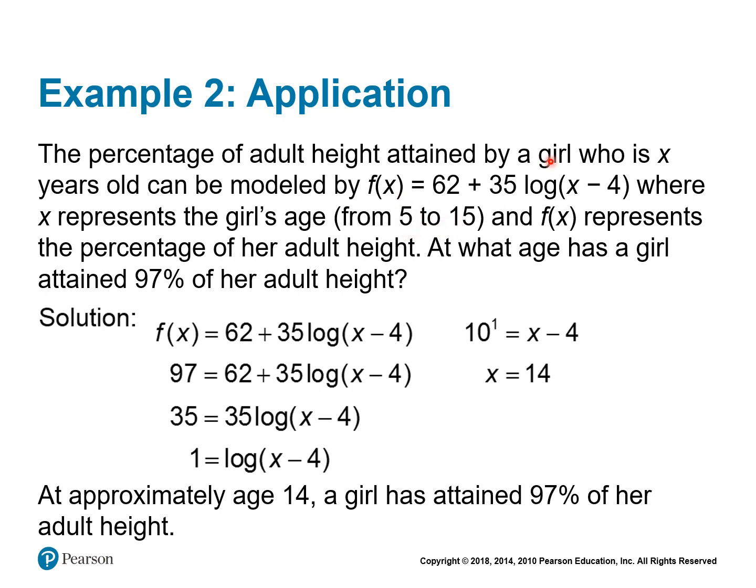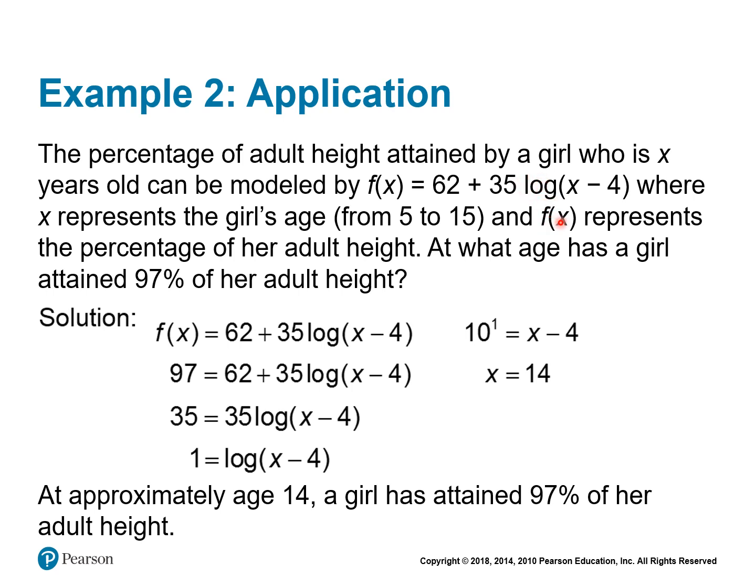So this equation is going to take in the age. We can plug in a value of a girl's age, but it has to be from 5 to 15. So you see the domain here is constrained between 5 and 15. And once we plug in the value for x into this equation, it will calculate the percentage height that a girl will attain at that age.